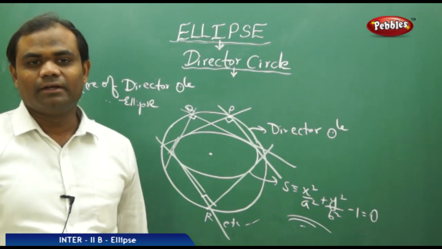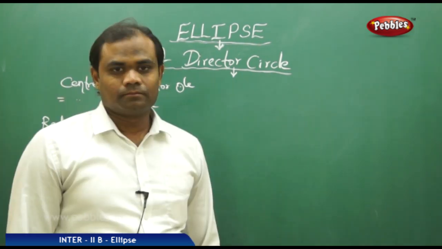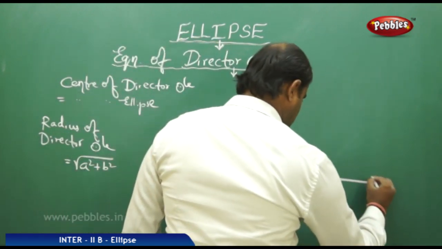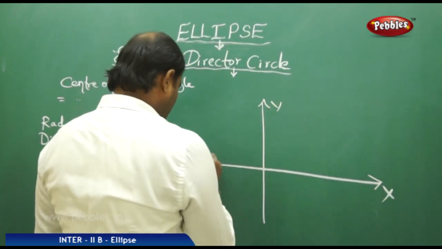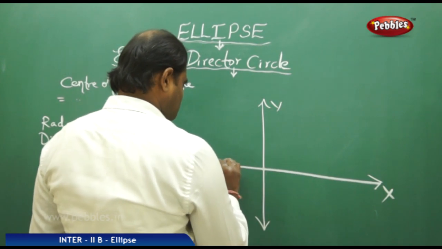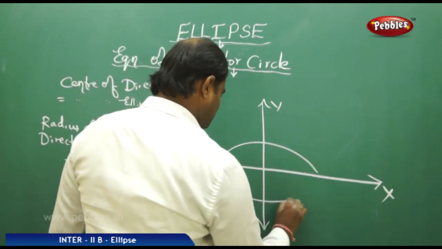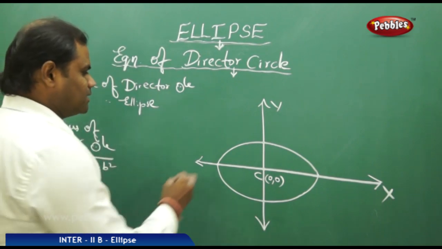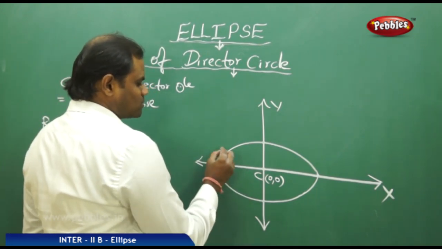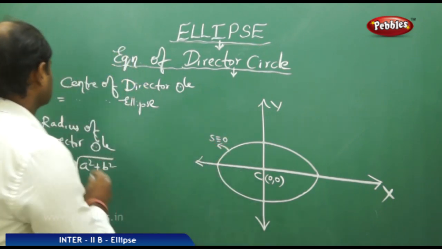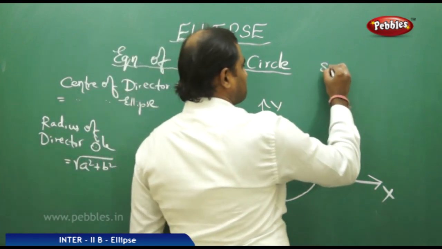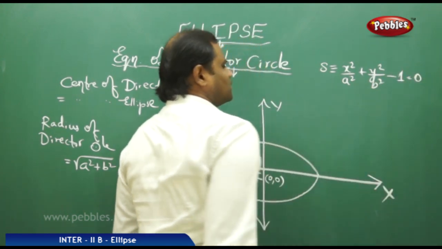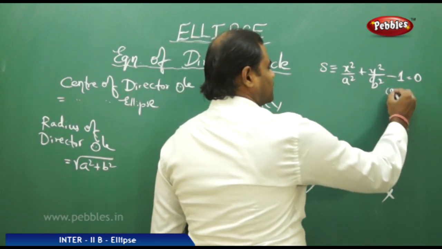Now let's see how we can find the equation of director circle. Therefore, if I have my x-axis and y-axis, and if I have my ellipse out here, we know that the center of this ellipse is (0, 0), and this equation is S given by x square by a square plus y square by b square minus 1 equal to 0, with a greater than b.